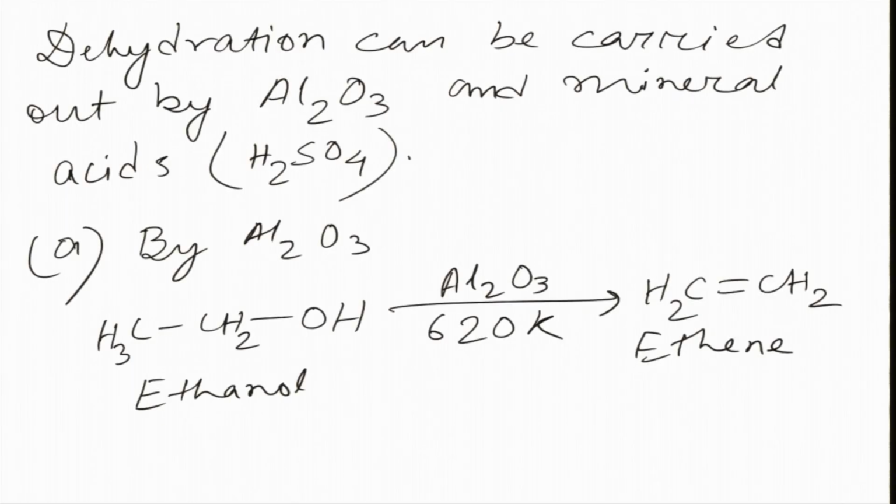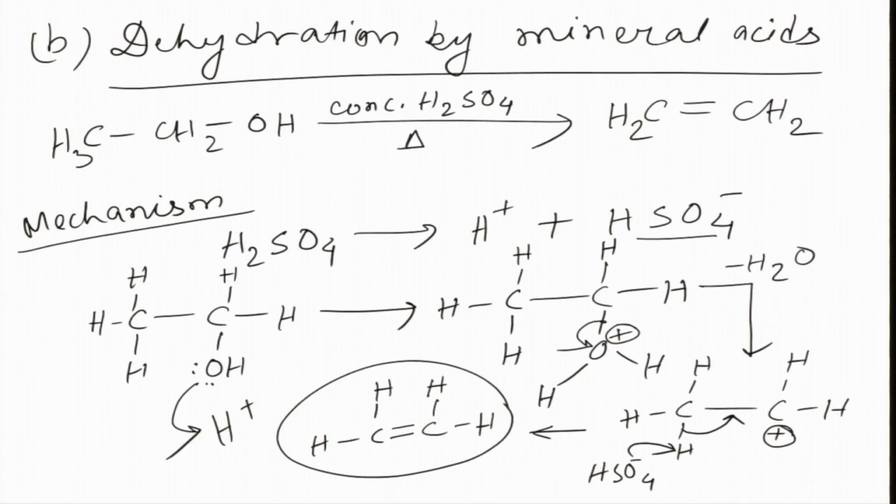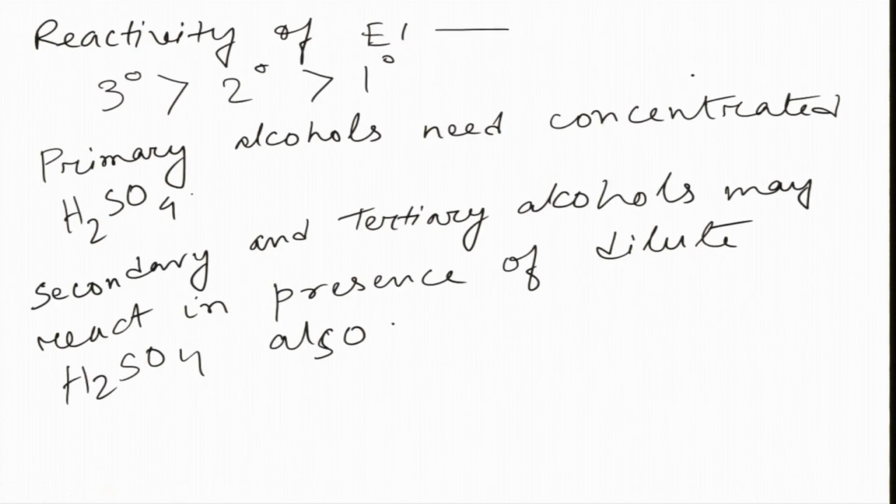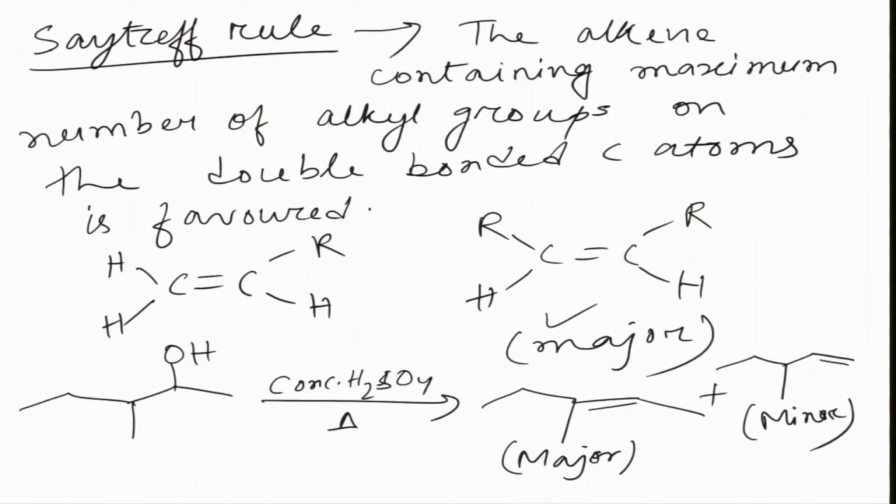So, for the preparation of alkenes from alcohols, we had read about two methods. One was by Al2O3, another was by H2SO4, okay, by sulfuric acid, and the third method is by phosphoric acid, that is H3PO4.